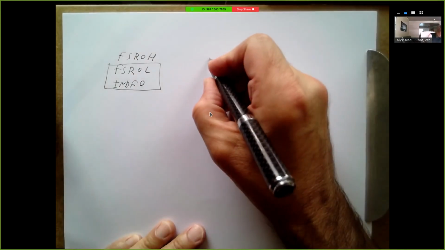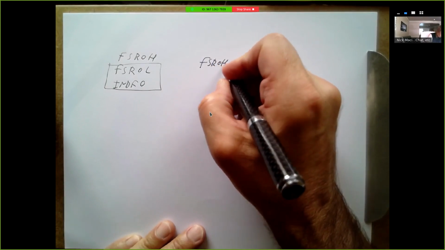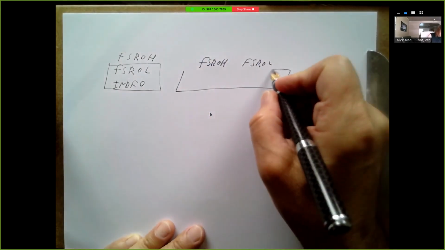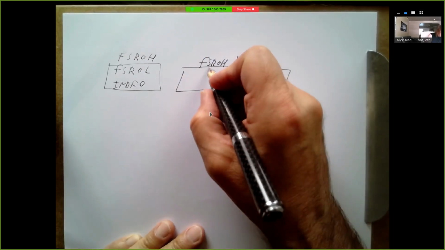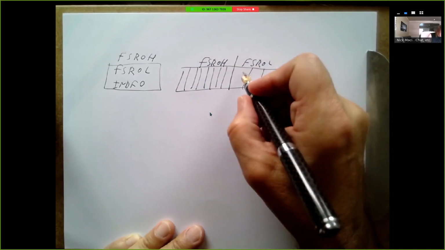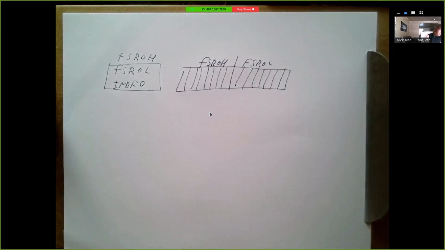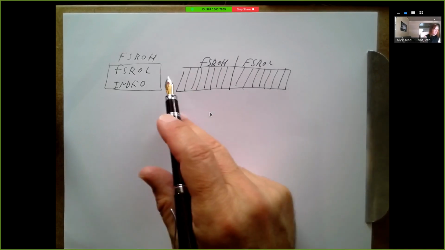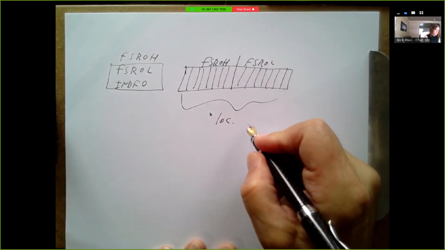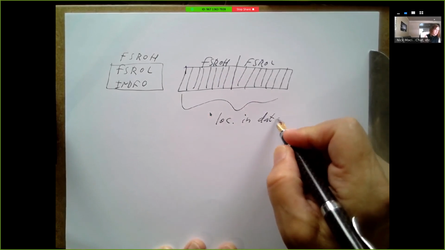FSR 0H and FSR 0L are each 8-bit registers. Together, they form a 16-bit register. And these 16 bits correspond to a location in the data memory.